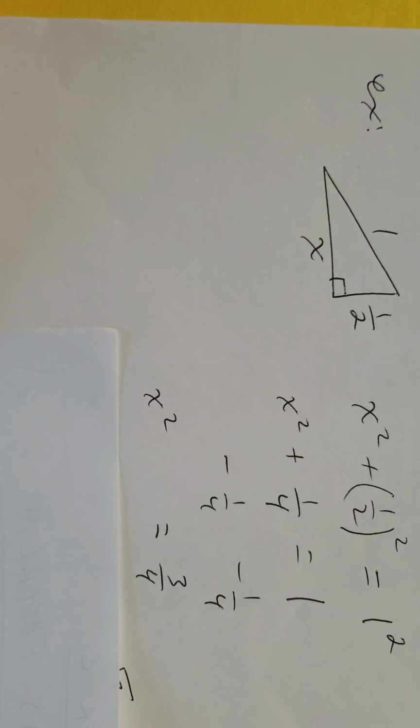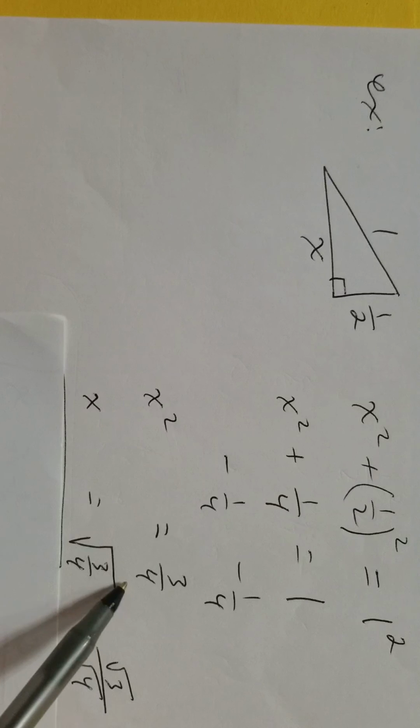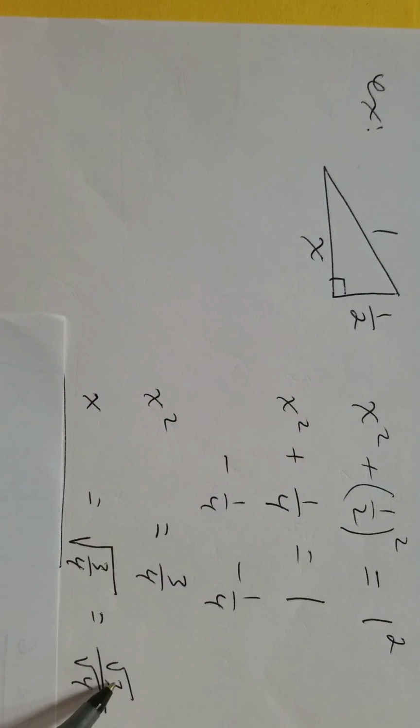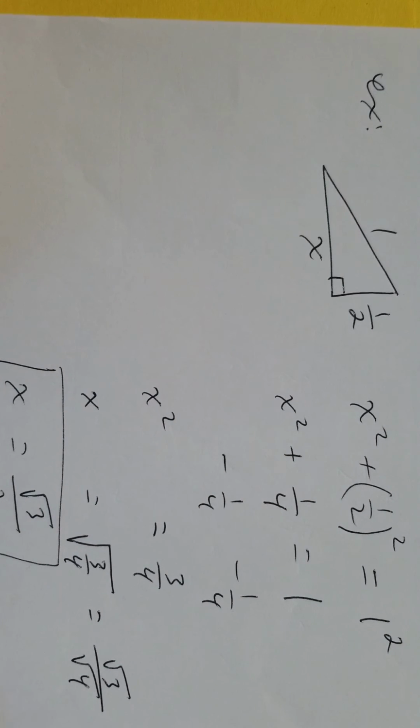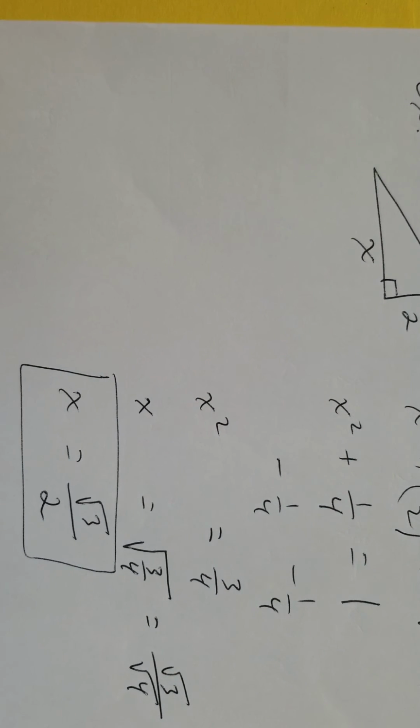No, that's x squared. So we have to square root the 3/4, right? And square root 3/4 means square root 3 over square root 4. Square root 3 can't be done, but there is an answer for square root of 4. There's the answer. x is equal to square root of 3 over 2.